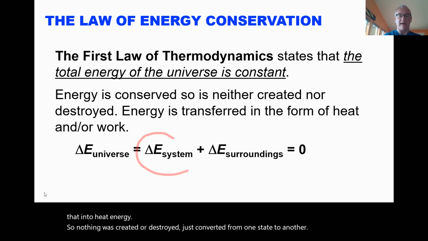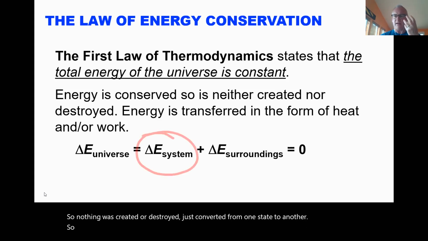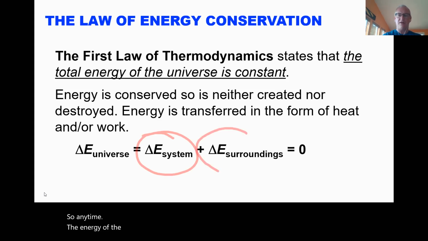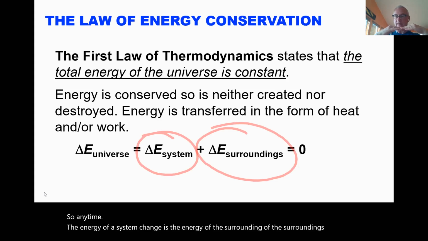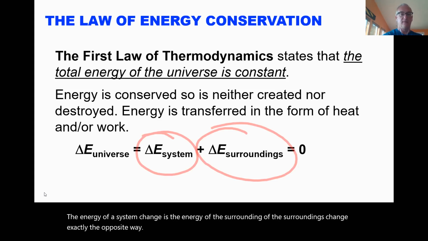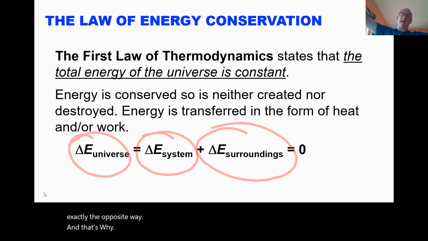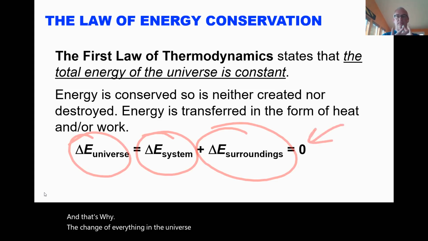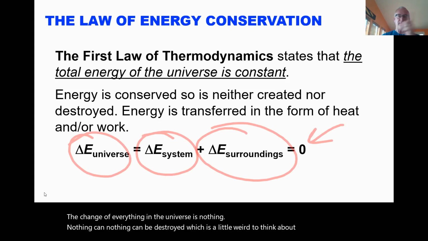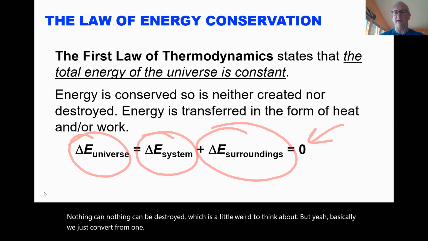So anytime the energy of a system changes, the energy of the surroundings changes exactly the opposite way. And that's why the change of everything in the universe is nothing. Nothing can be created, nothing can be destroyed, which is a little weird to think about. But basically we just convert from one kind of energy to another.